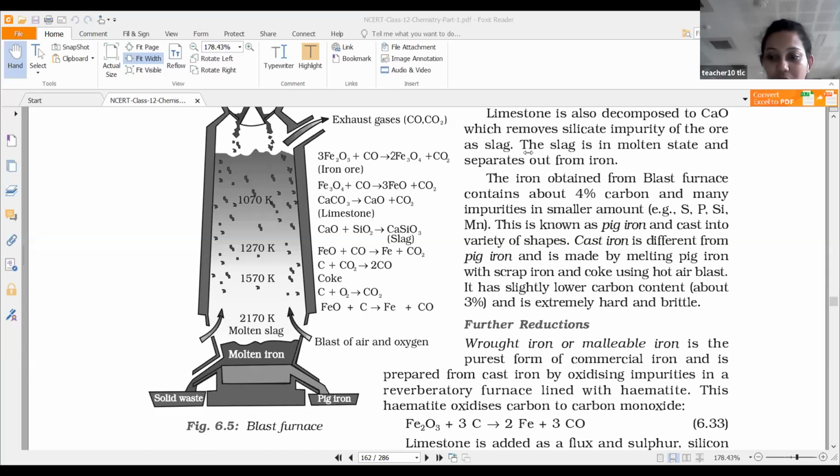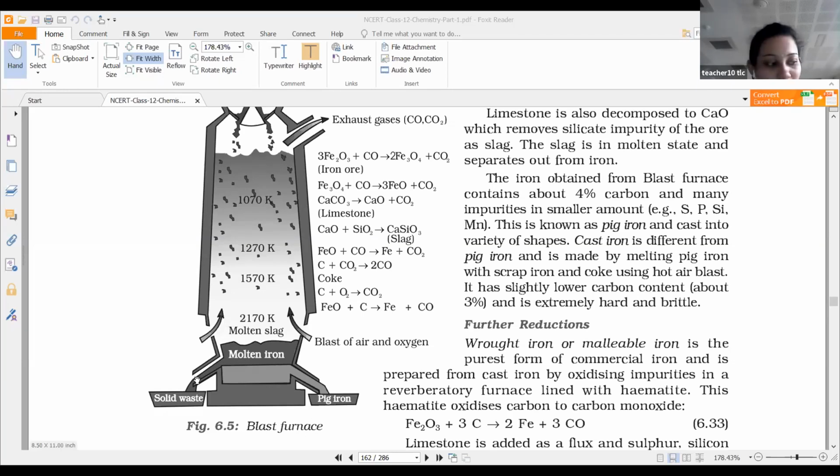Now, students, here solid waste will be there, right? The silica, silicon dioxide, its weight is less. With respect to this melt of iron, since its weight is less, it will be removed first. Is this clear? Therefore, you just concentrate on the outlet here.